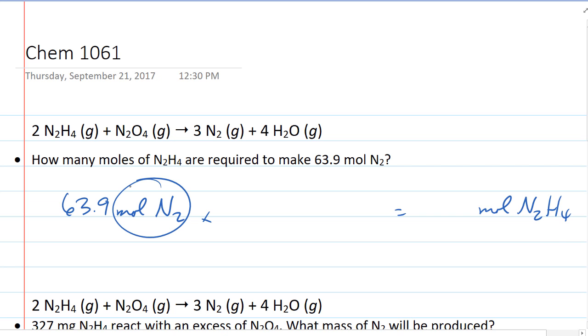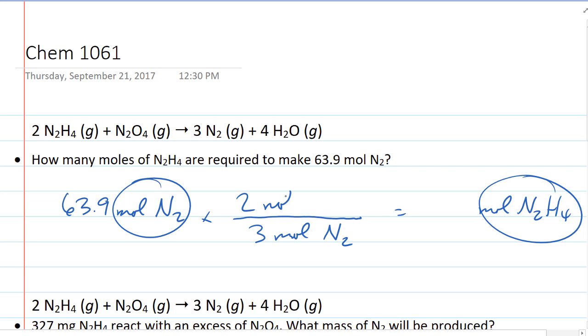We then need a relationship between moles of N2 and moles of N2H4. So we look at the coefficients in the balanced chemical equation, and what do we put in the bottom of this equation for this calculation? 3 moles of N2, and on the top we put in 2 moles of N2H4.